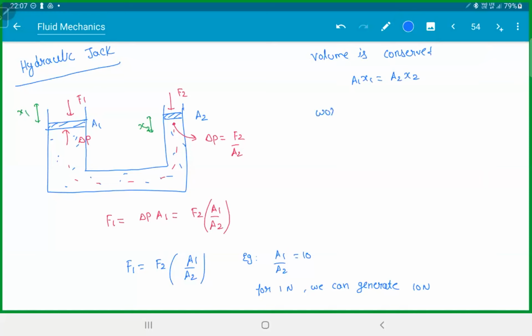So the work done by the first force, F1, will be F1 into X1. The work done by the second force, F2, will be F2 into X2. And if you substitute the values here, you will observe work done by F1 is equal to work done by F2. Both are equal. So you're not gaining any energy. Energy is conserved.